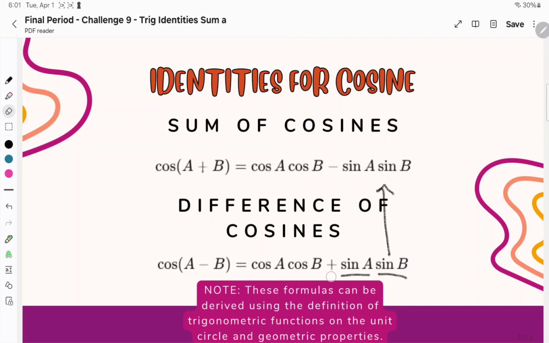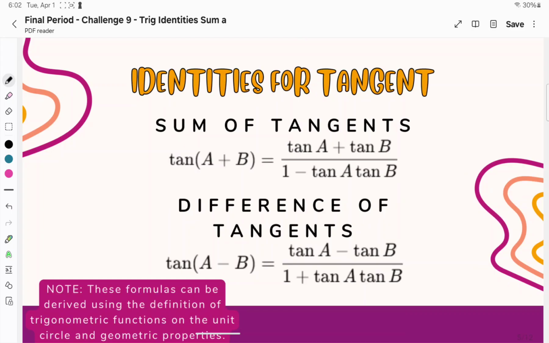These formulas, you're going to have them with you. So you don't have to completely memorize them, but you need to kind of memorize them to learn where you're gonna use which. You're gonna see in a minute what I mean by that. And the last two sum and difference identities are gonna be for the tangent.